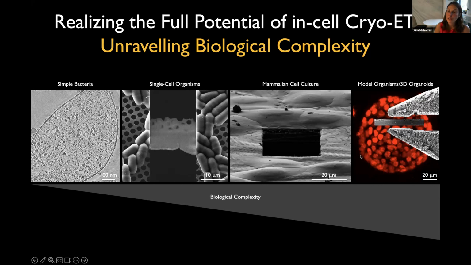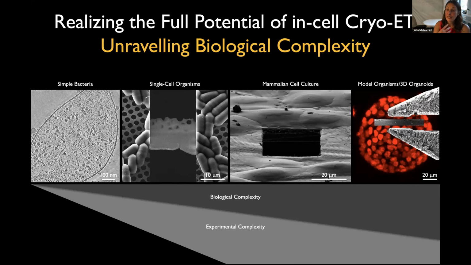But we're also starting to touch on multicellular samples, and especially this allows us now to start looking at these types of questions in organoid models that recapitulate more faithfully human tissues and their three-dimensional organization.